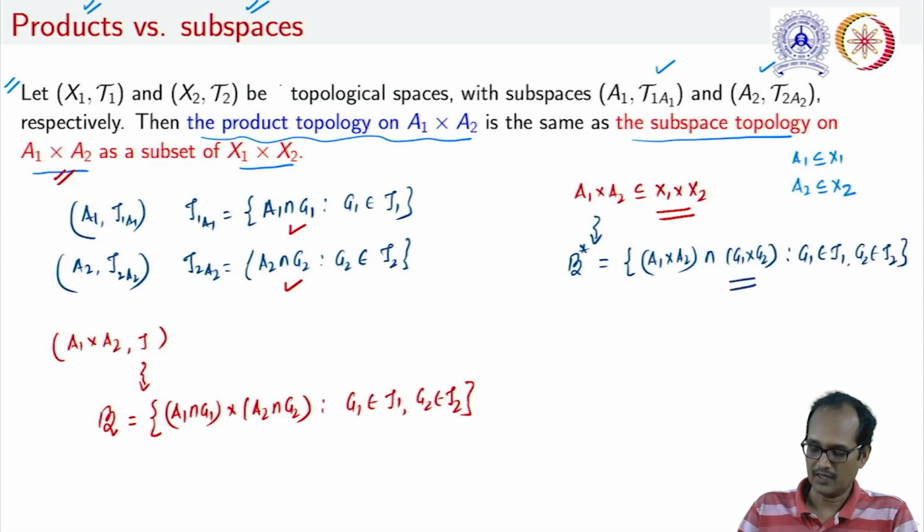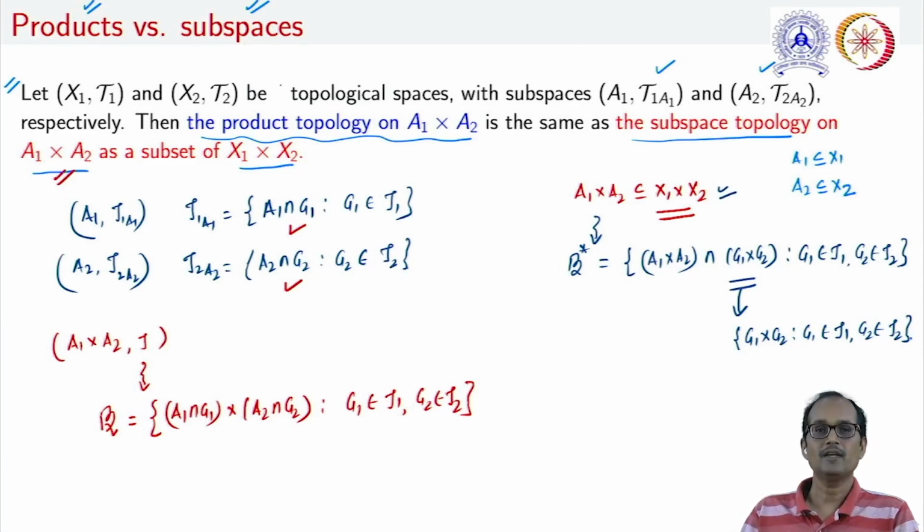And we are taking the intersection with G1 cross G2 because we know that such a collection G1 cross G2, where G1 belongs to τ1 and G2 belongs to τ2, is a basis for the product topology on X1 cross X2. So what we have got?